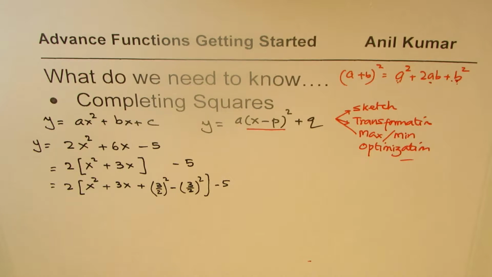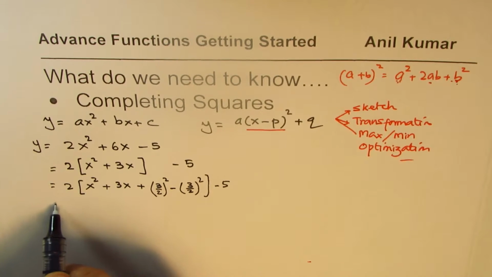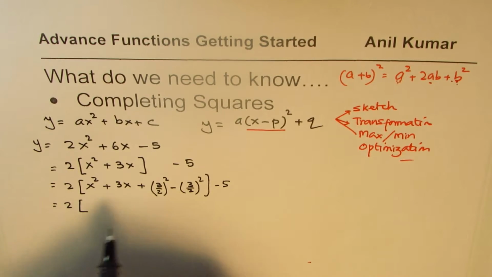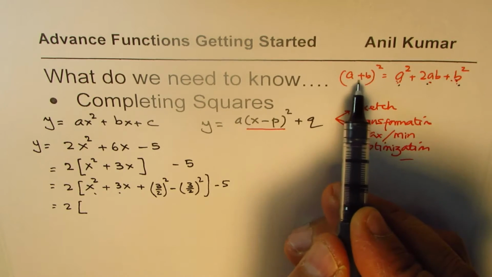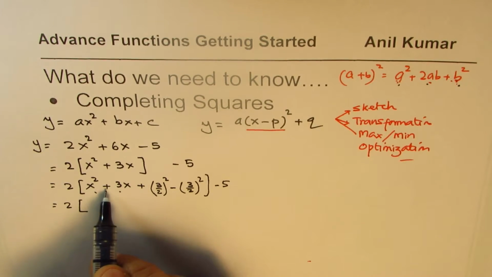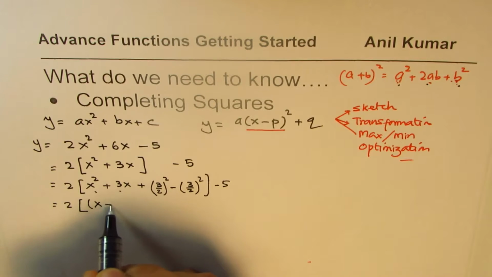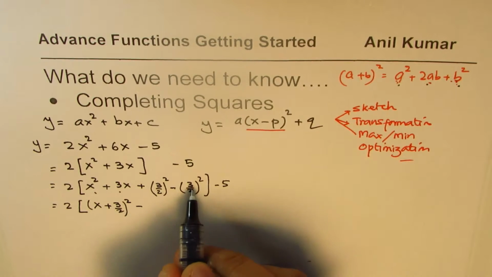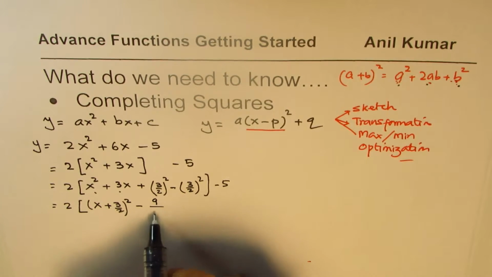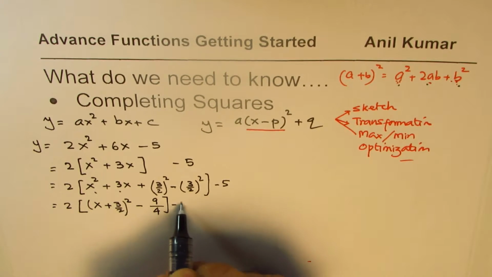It remains exactly the same. But there is a major change which has happened, and that is these three terms now we could write as a perfect square. Since we have plus here, we'll use (x plus 3 over 2) whole squared, and then we'll expand this, which is minus 3 squared is 9, 2 squared is 4, minus 5.